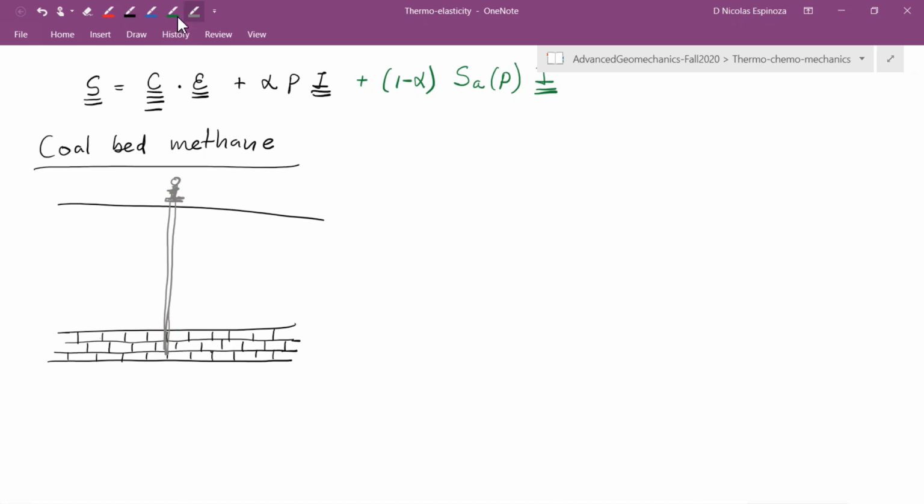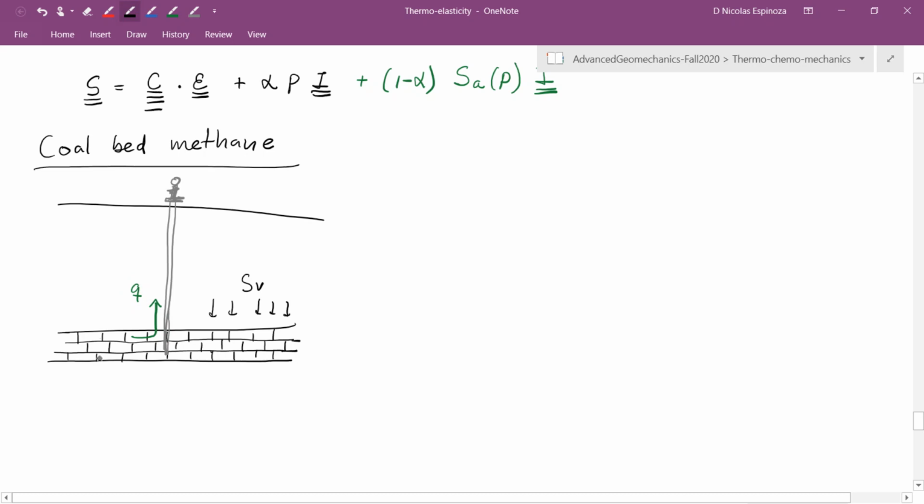What we're going to do, as we have done before, is assume that the vertical stress is constant, and we are going to draw down to lower the pore pressure so that we produce a fluid, and in this case we actually produce methane.